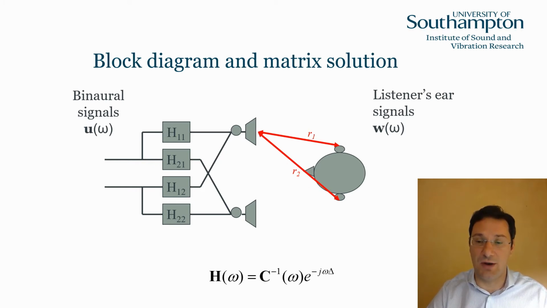R2 minus R1 is the so-called path difference, and that's going to play an important role. So we do this operation frequency by frequency, and in this way we can create our crosstalk cancellation filters using, if you like, a frequency sampling approach.